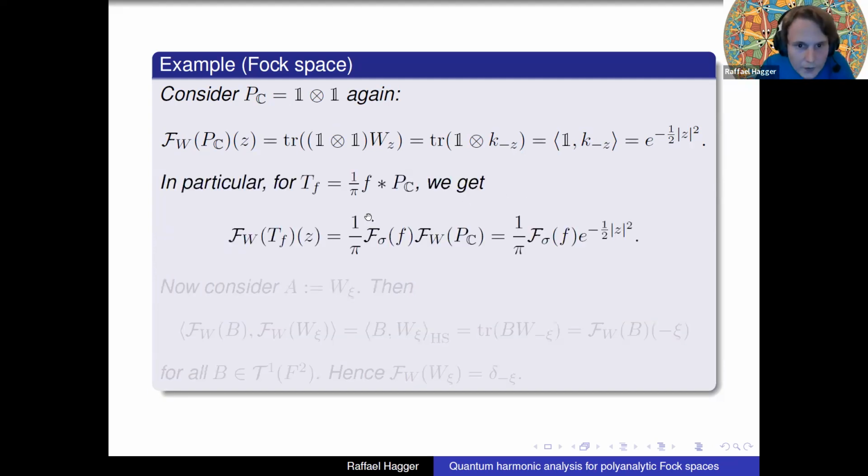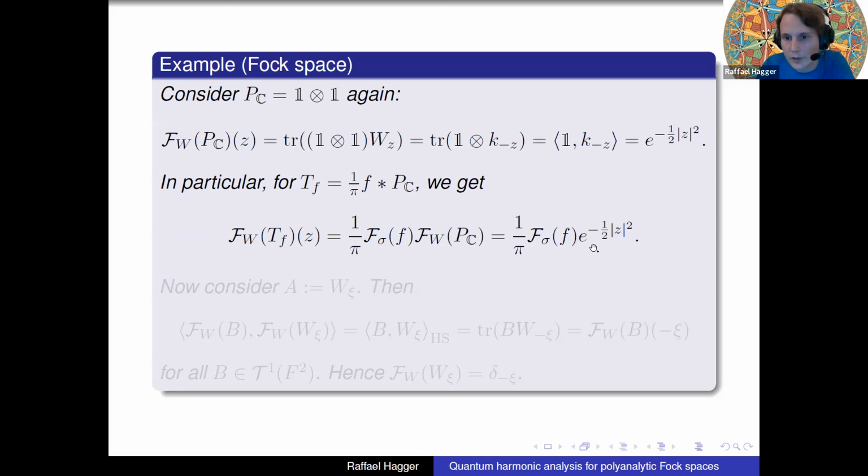This now means that if you have a Toeplitz operator, because we know a Toeplitz operator is F convolved with P, well, now we can use the convolution theorem if we want to compute the Fourier-Weil transform of this. We get the Fourier transform of this times the Fourier transform of this.